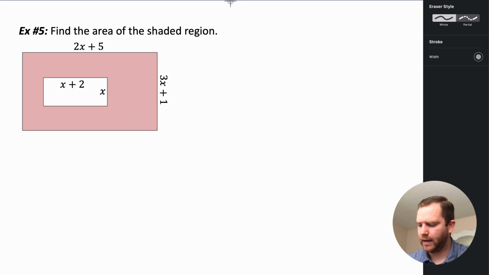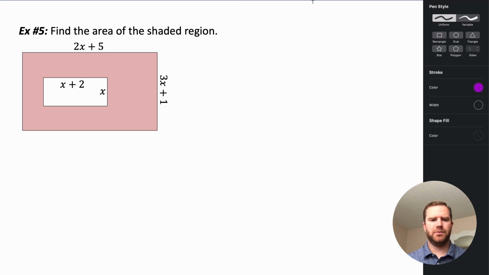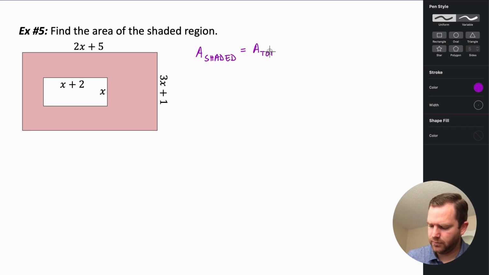So how should we approach this? Basically it's going to be looking at the area of the big rectangle minus the area of the little rectangle. So the area of the shaded region is going to be equal to the area of the total region minus the area of that hole that's cut out.